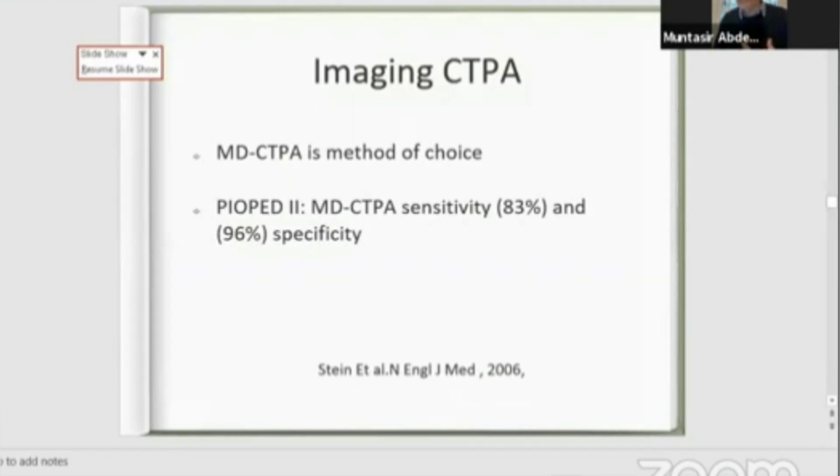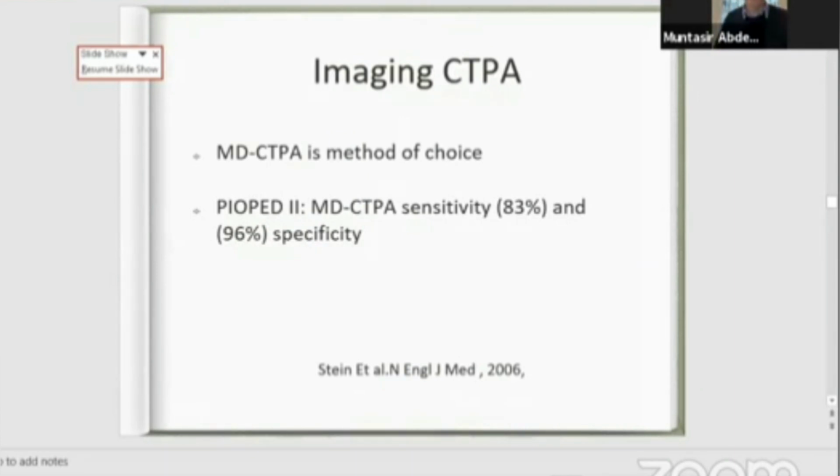What we use now is multi-detector CT pulmonary angiogram, and these are very good at detecting even segmental and subsegmental pulmonary emboli. And in the PIOPED II trial, they found that the sensitivity of the CTPA is 83% and the specificity is 96%.